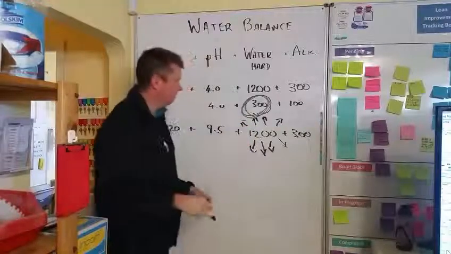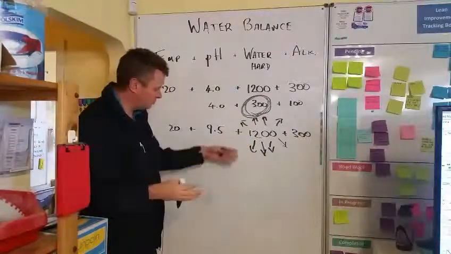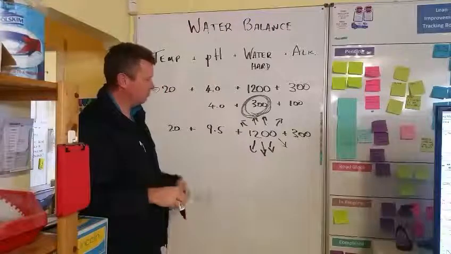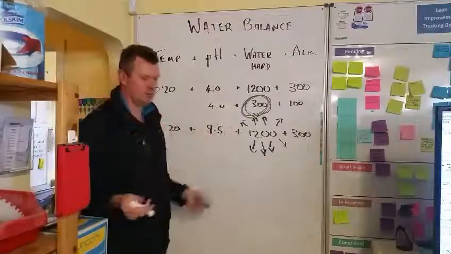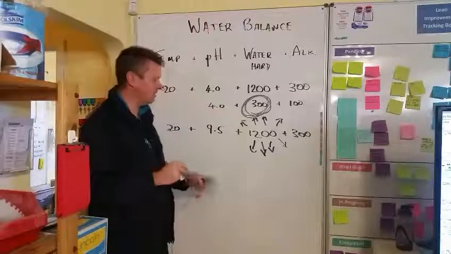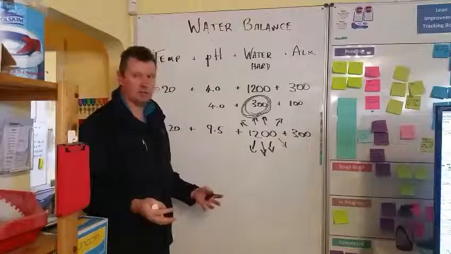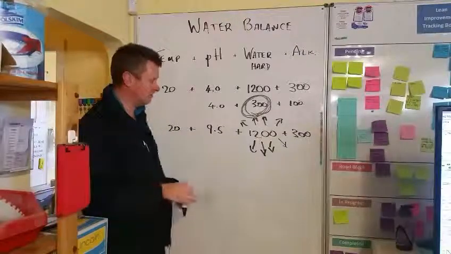So you might find that the water turns cloudy white, starts to put white deposits all over the pool, and white deposits all through the sand filter. We have come across pools in the past where the sand filters have been concreted up, basically, because it's just deposited everything in there.